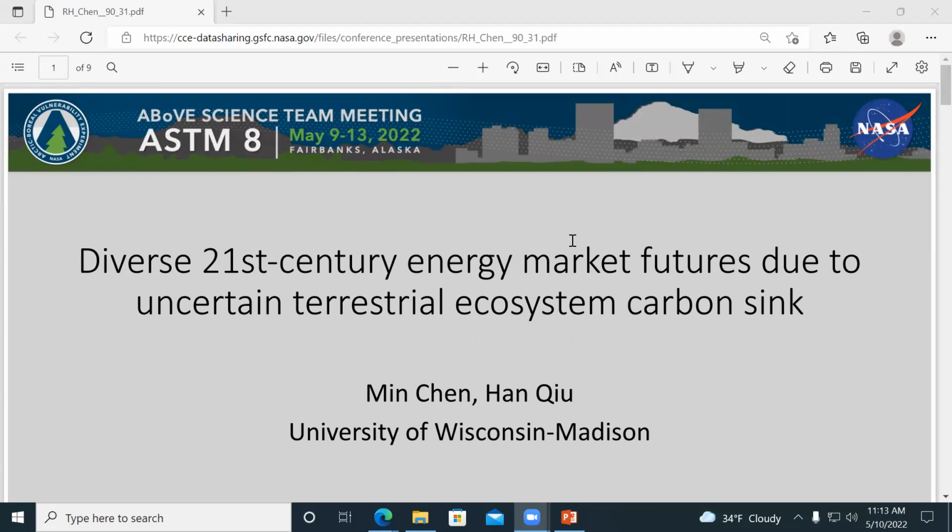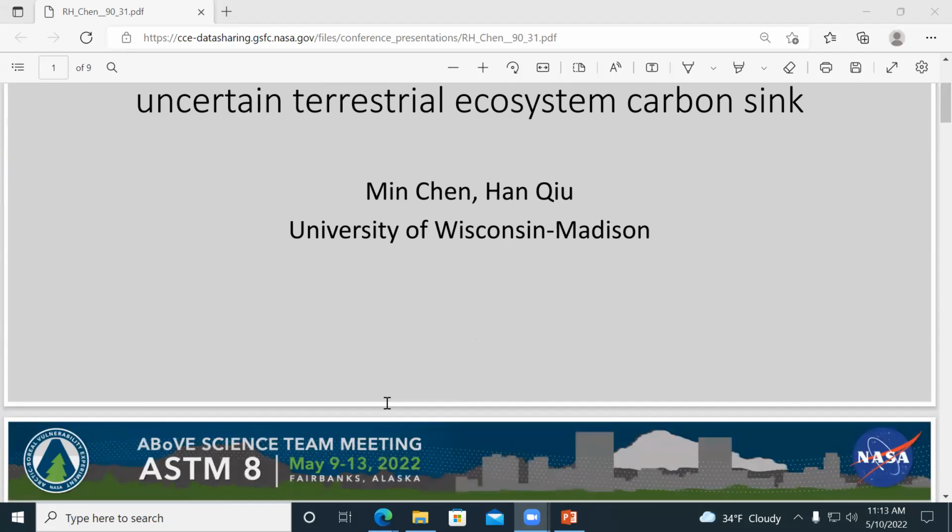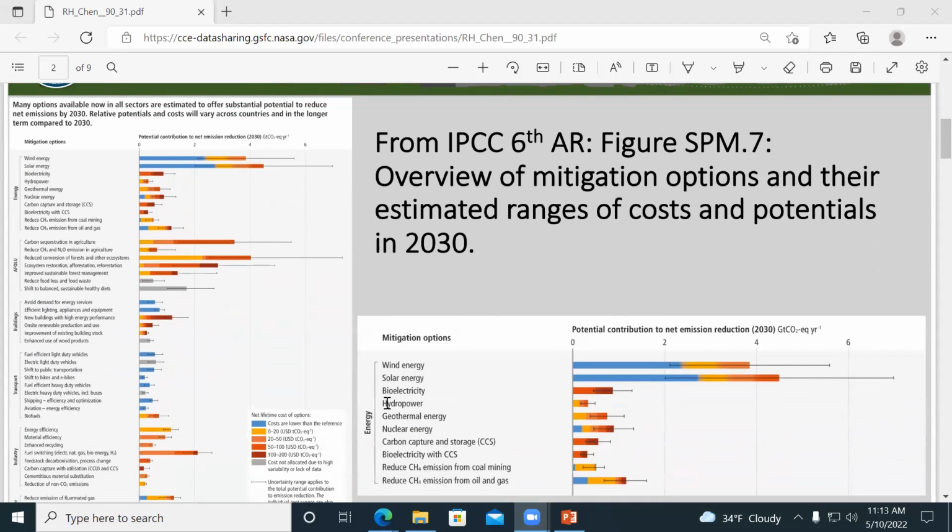My presentation is more on the implication side. I'm interested in exploring the 21st century energy markets and their relationship to the uncertain terrestrial ecosystem carbon sink that we get from today's knowledge. I'm not sure if you're familiar with this type of figure.